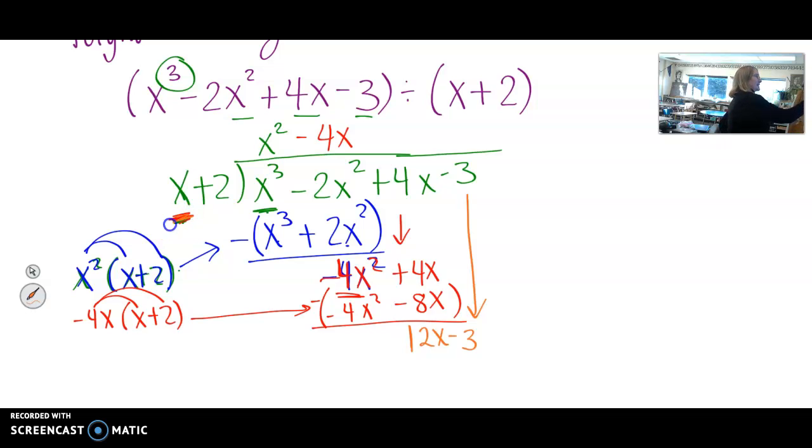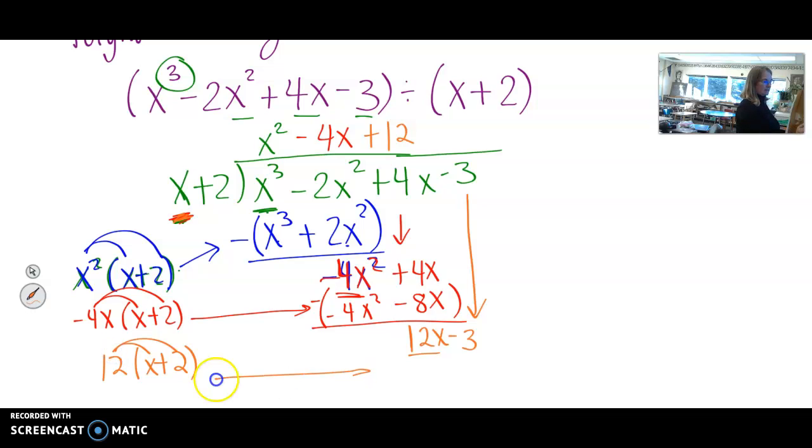So you're looking at this x again, and this 12x. What do you have to multiply x by to get 12x? And that would be 12. So I'm going to take 12 times x plus 2, distribute that 12, and we're going to write that right underneath here. So I get 12x plus 24, and we're subtracting both terms. So think about how that's going to work.